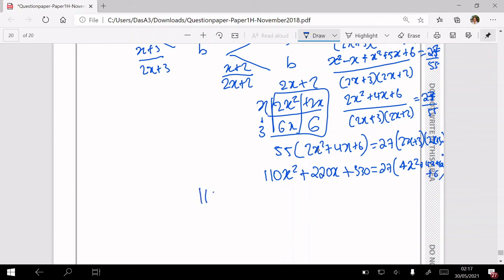So let's write that 110x squared plus 220x plus 330 is equal to 27 bracket 4x squared plus 10x plus 6.